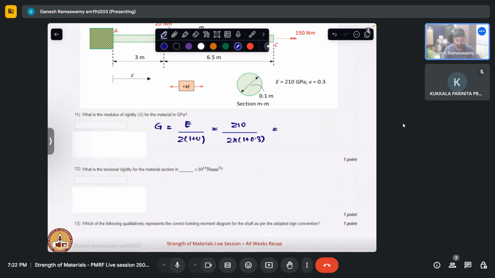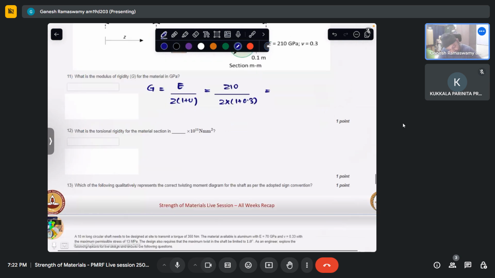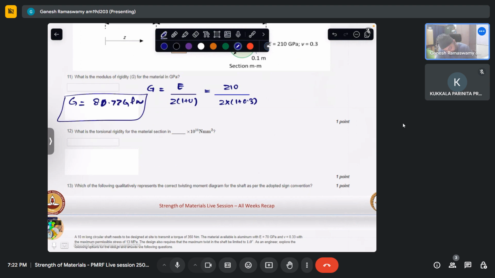So this comes out to be, G is actually 80.77 GPa. So this much we have found out.